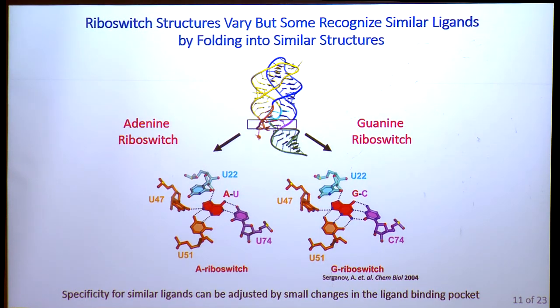These riboswitches were predicted by bioinformatics again, and what researchers noticed was that there were conserved cytosine and uridine residues that they predicted to bind to the ligands guanine and adenine. And indeed, when the structures were solved, we could see that the cytosine of the RNA was making Watson-Crick base pairs with the guanine, and the uridine was making base pairs with the adenine. Thus, specificity for similar ligands can be adjusted by small changes in the ligand binding pocket, and that's what this riboswitch was showing.